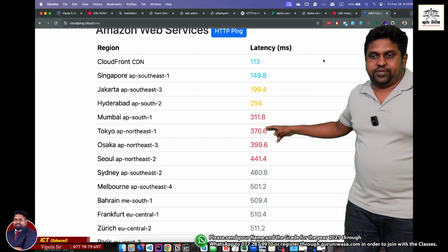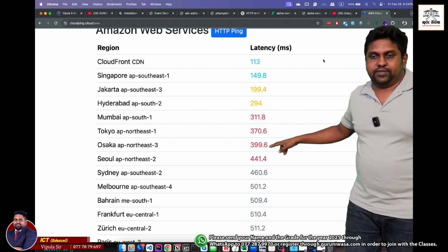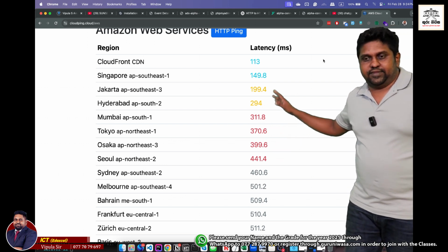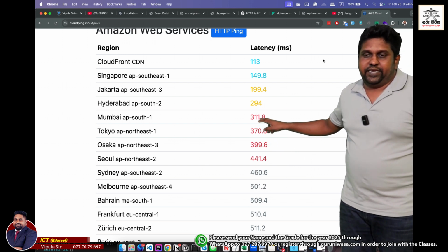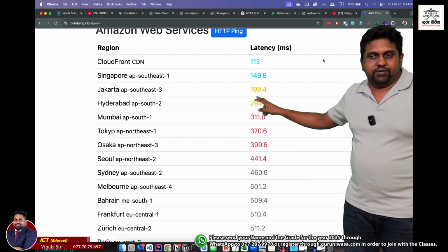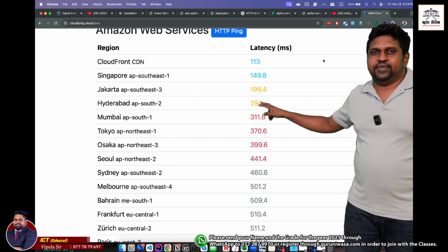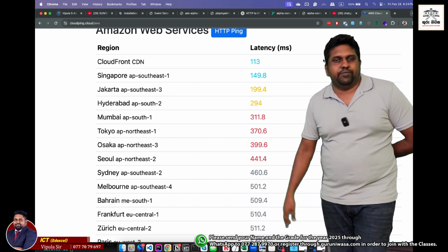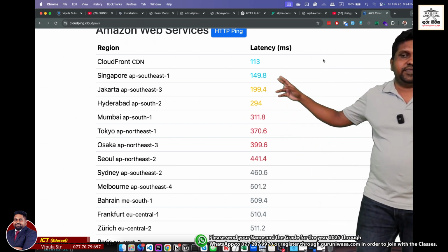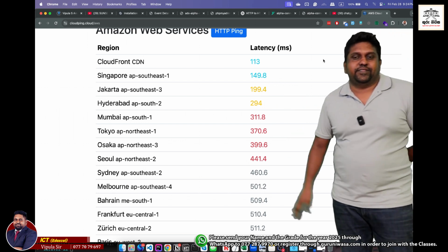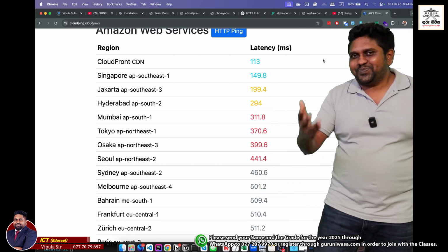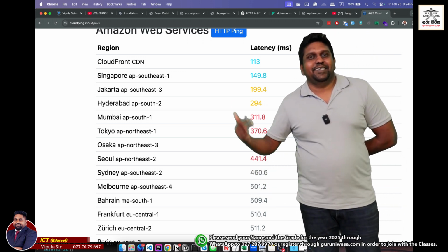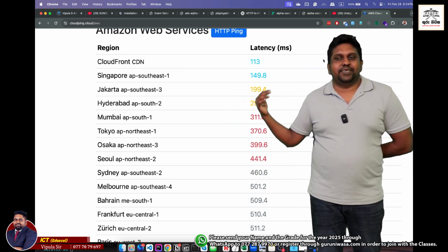And then Tokyo is also there, Tokyo, Osaka, and the rest is no point. Actually, Tokyo is also no point. Anything greater than 300 milliseconds, we won't be able to use it. So the best option for us is Singapore. If you're building a system, the lowest latency would be to host in Singapore.